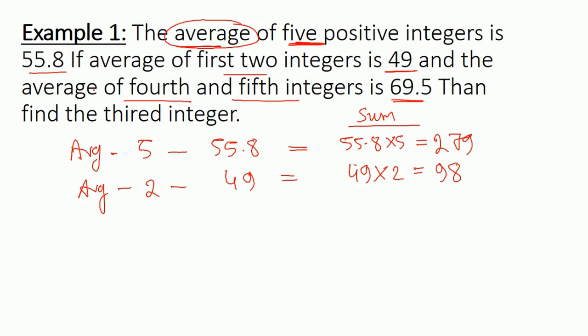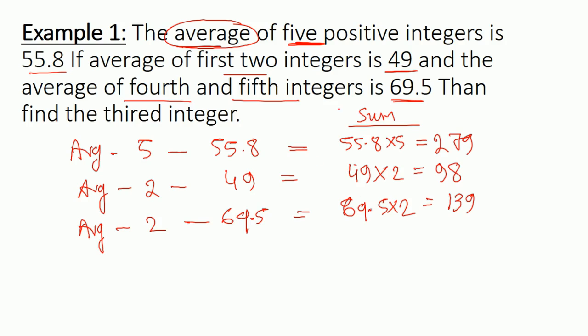Then it says the average of the fourth and fifth integers is 69.5. How many integers are there? Fourth and fifth, so obviously two integers. It's going to give you 69.5 into 2, which is the value of 139.